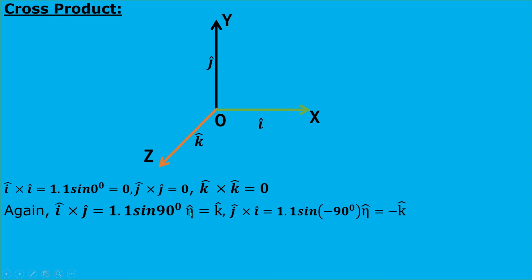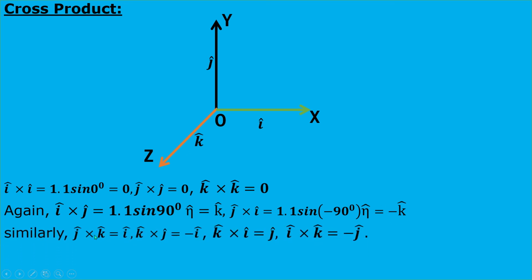Eta means direction, the direction of I cross J, which is perpendicular to these two vectors. As Z is perpendicular to these two vectors and the unit vector of OZ is K, the direction of I cross J will be K vector. But J cross I, when the direction is clockwise, we write minus. Clear?